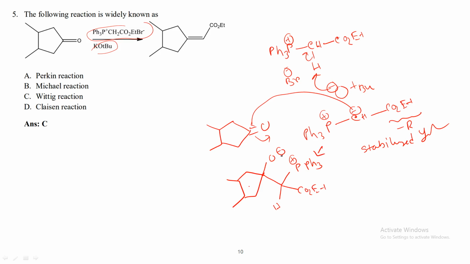So now this O and this electron flow would occur from the 4-membered ring. Now this ring cleavage generates this one. So this is a Wittig reaction, right?